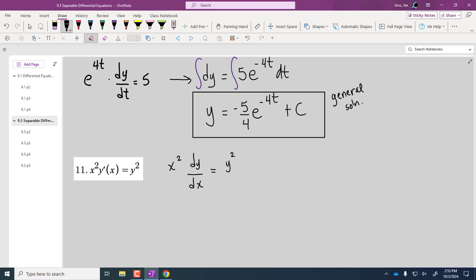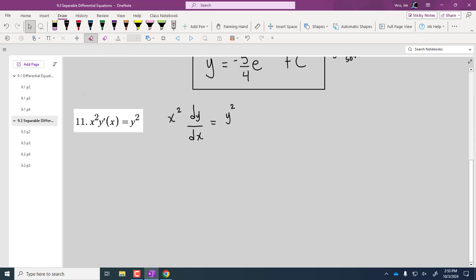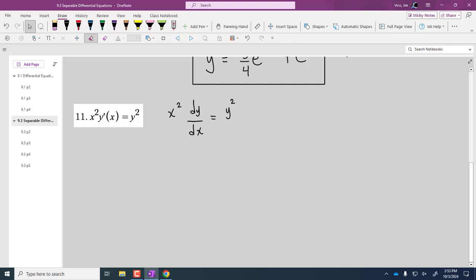Oh, moving on here. Okay, so the dy, usually we just leave that alone on the left because it's already in the top. And so here we want the y's to the left, and we want the x's to the right. So we should end up with something that looks like that.